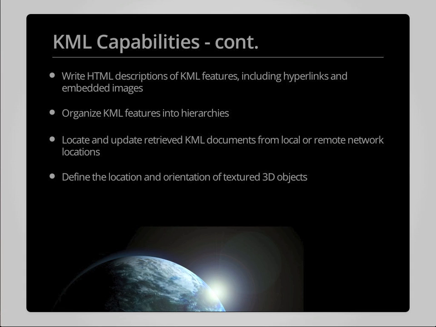And finally, within KML, you can define the location and orientation of three-dimensional objects within the KML coordinate system. So it's a three-dimensional coordinate system within which you can define three-dimensional objects and their representation.